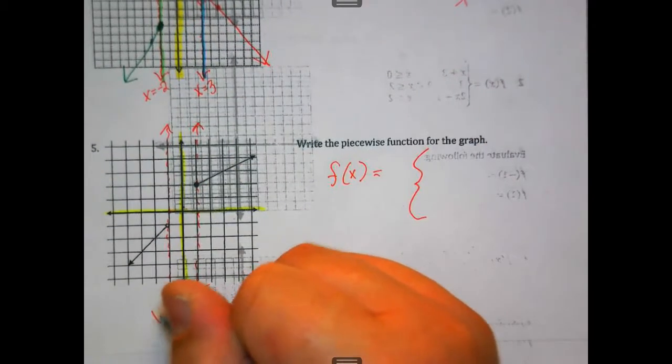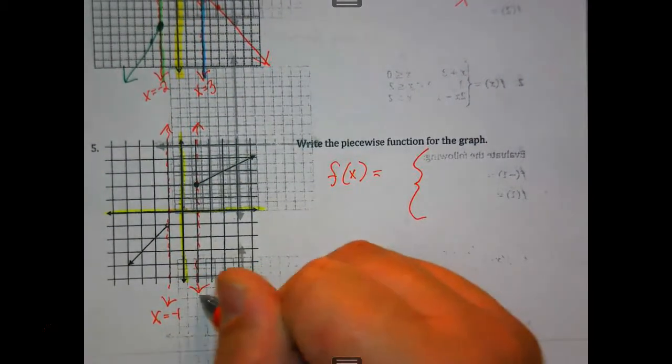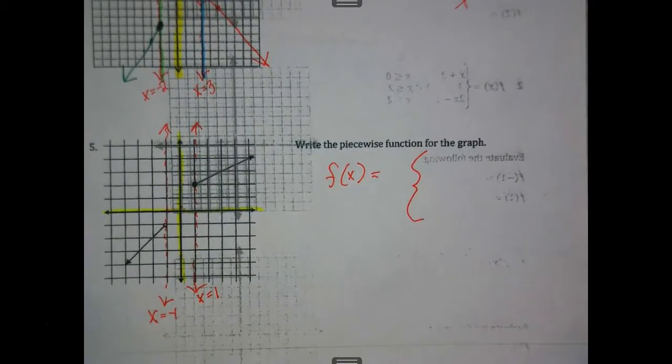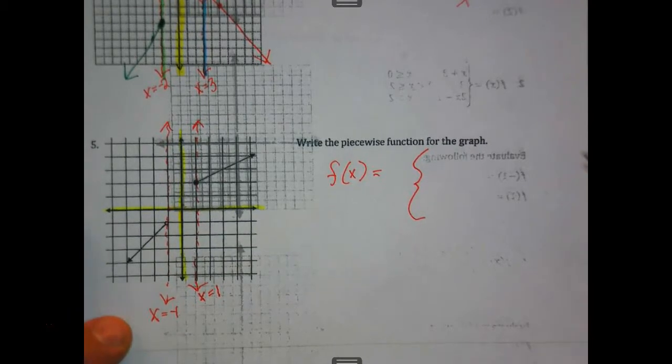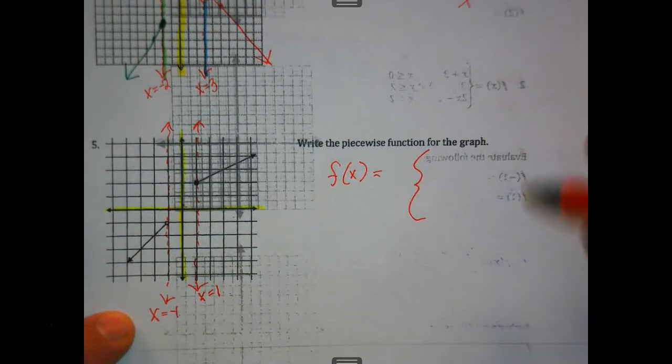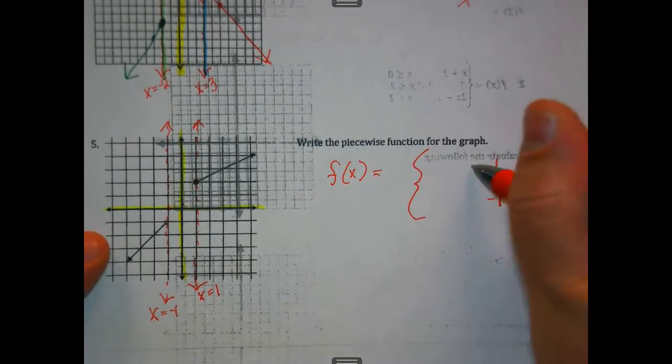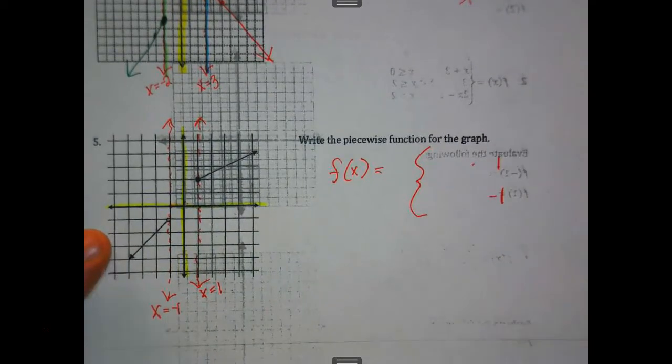So this is x equal negative 1 and x equal positive 1. Okay. All right. Let's see. So I'm going to have 1 and negative 1. I should move them out.